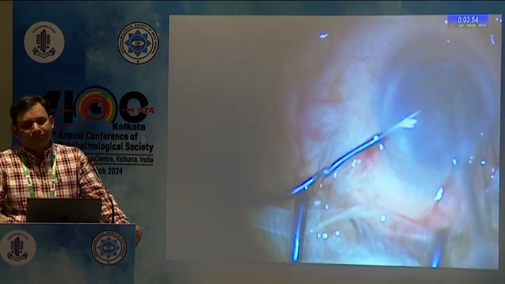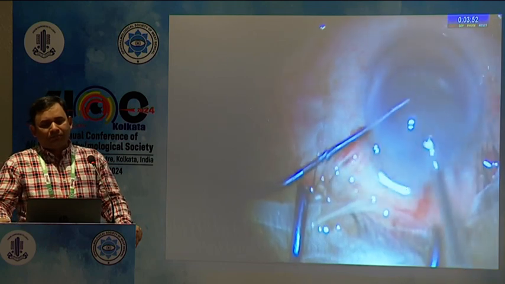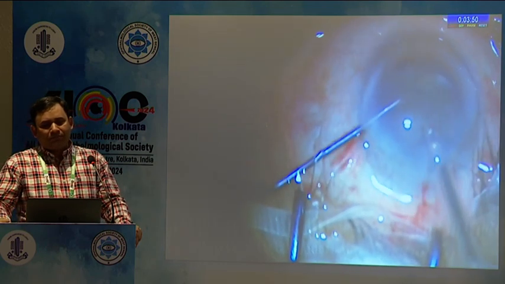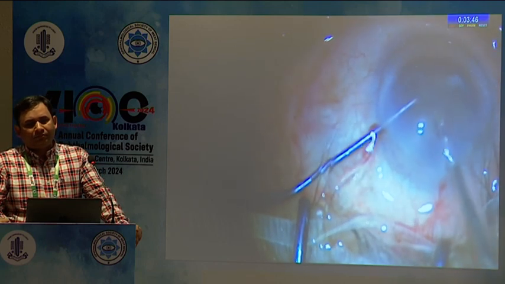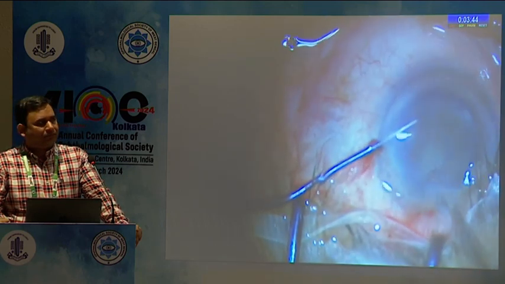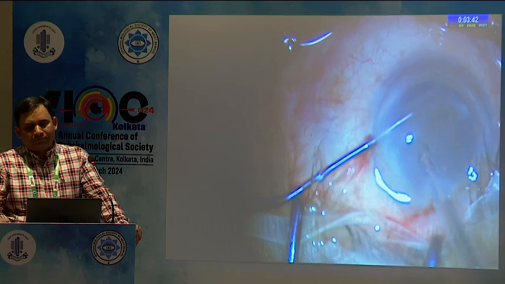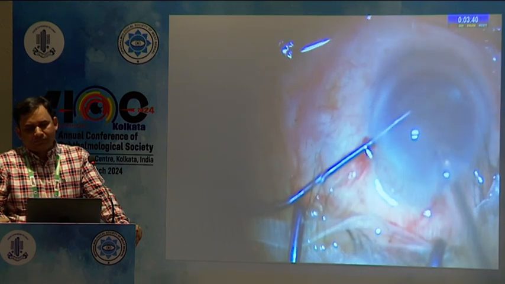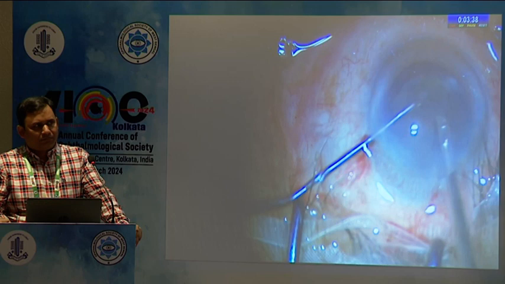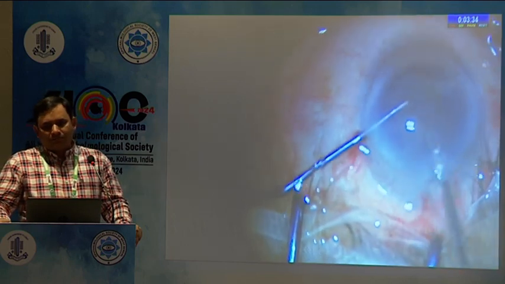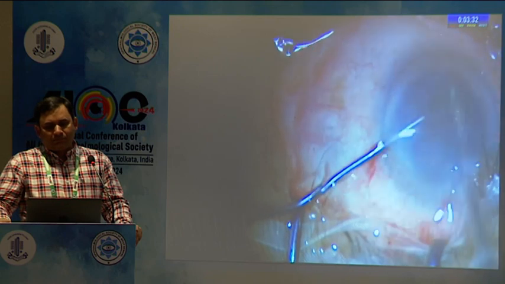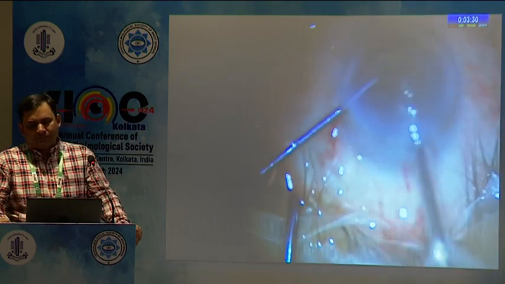So removal of the opacified material was performed under low bottle height and low power conditions. After cleaning up the opacified lens material, what is seen in the end is the nucleus being guided towards the vitreous cavity from a posterior capsular rent.